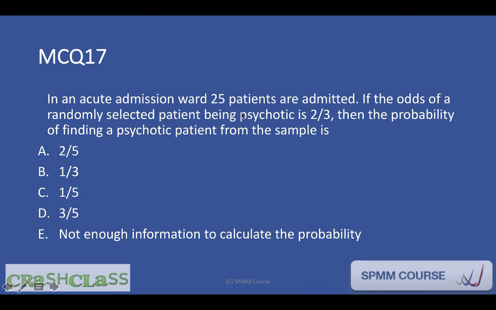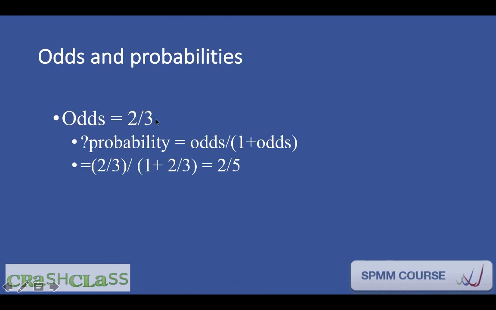In an acute admission ward, 25 patients are admitted. If the odds of a randomly selected patient being psychotic is 2 by 3, then the probability of finding a psychotic patient from the sample is, so they have given you odds, find out the probability. You use the formula. Odds is 2 by 3, probability is equal to odds by 1 plus odds: 2 by 3 divided by 1 plus 2 by 3. Now you've got to be careful whenever you add a whole number 1 to a fraction 2 by 3.